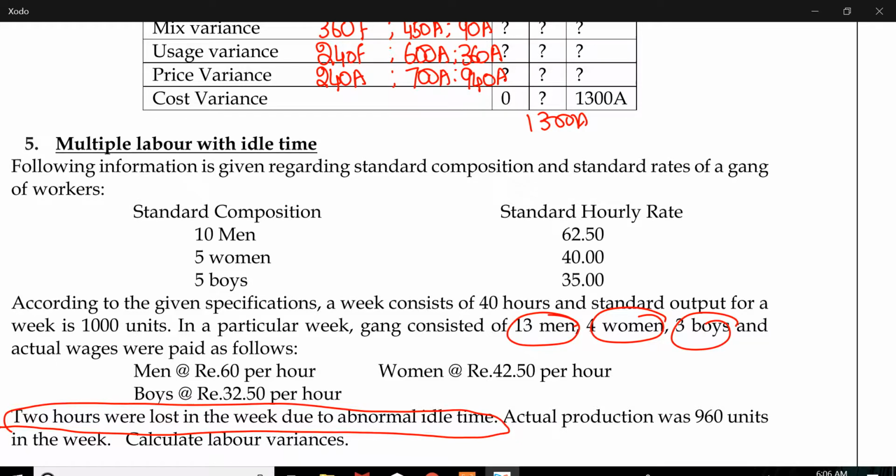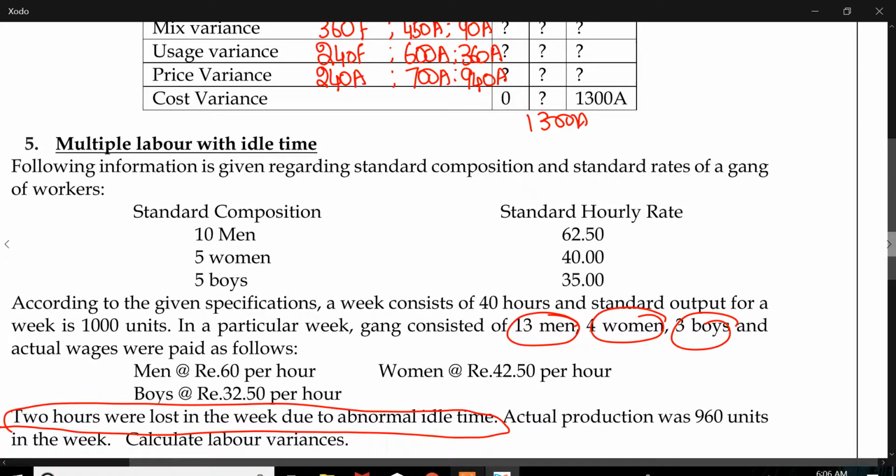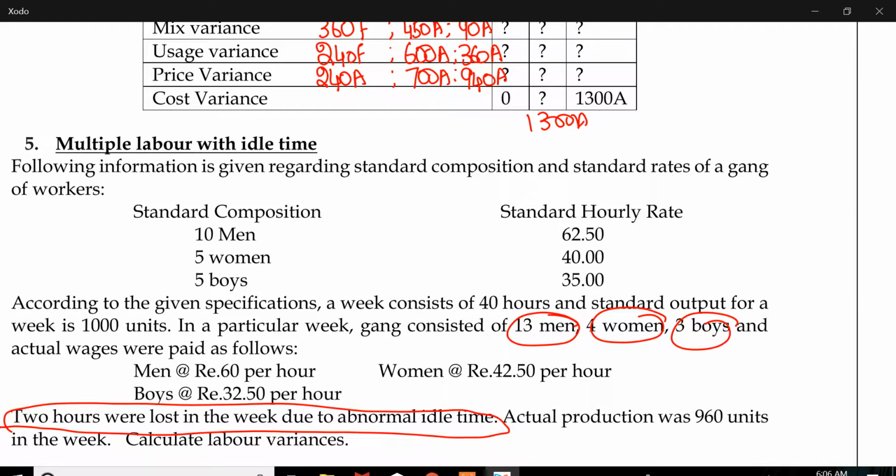SH and AH should be both in terms of man hours, in bracket number of hours into number of workers.